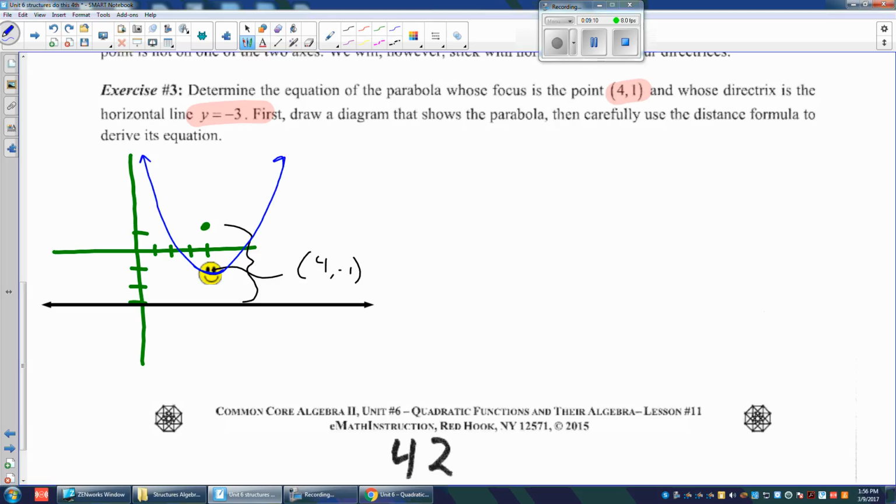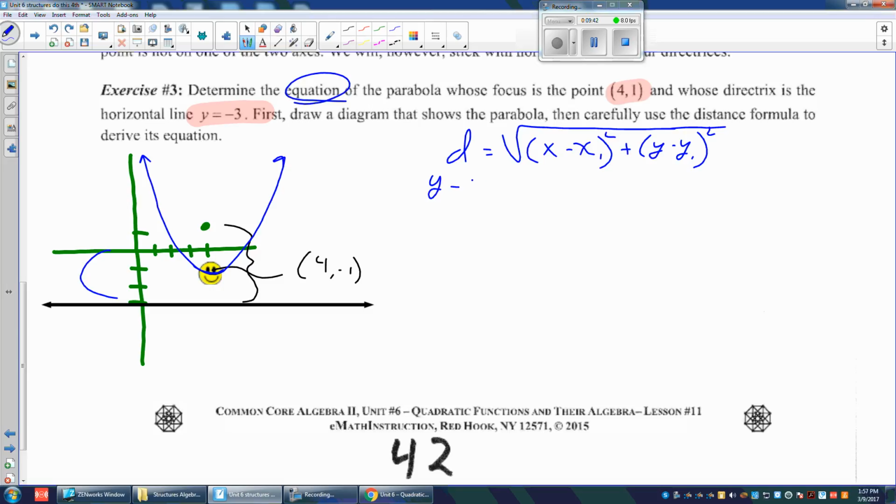Determine the equation of the parabola whose focus point is that. Okay, let me see. We know that we're going to use distance equals the square root of x minus x1 squared plus y minus y1 squared. Now this is going to be y minus this distance, -3, because the equation is y equals -3.